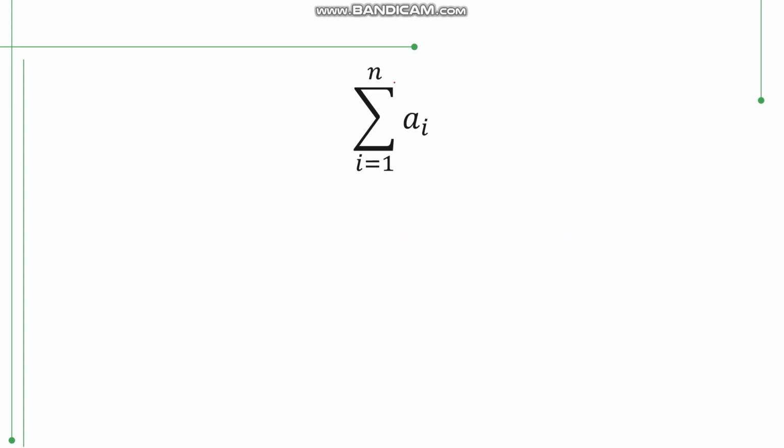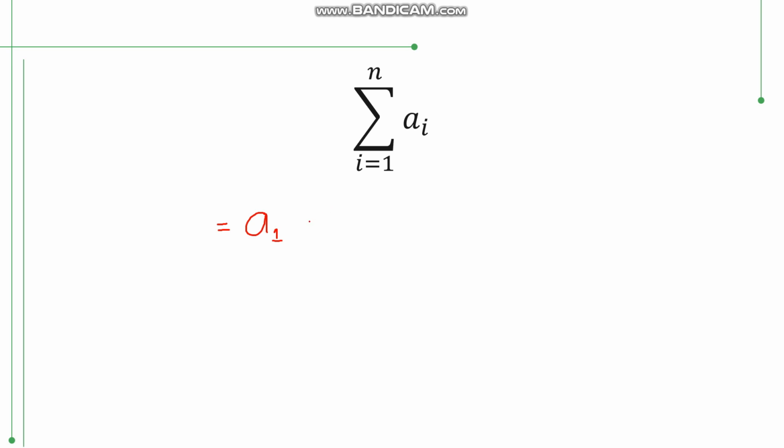Next we have the summation of a sub i from i equals 1 up to n. As you notice, we start with 1, but our upper boundary is n. That means there's no specific value given to us. So what we will do is just write a sub 1.